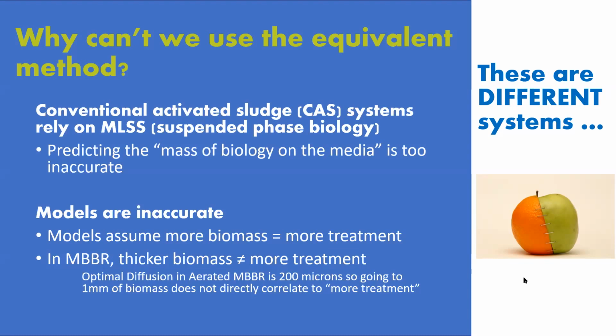Furthermore, it's actually very difficult to accurately predict the thickness of the biofilm that is going to grow on the biofilm carriers. And we don't spend too much time trying to predict that because we know that if we design our system properly, if we take into consideration all the different variables, if we select the right amount of media, that we're going to grow healthy biofilm independent of how thick it's going to be on the media. And we're going to be able to achieve proper treatment.